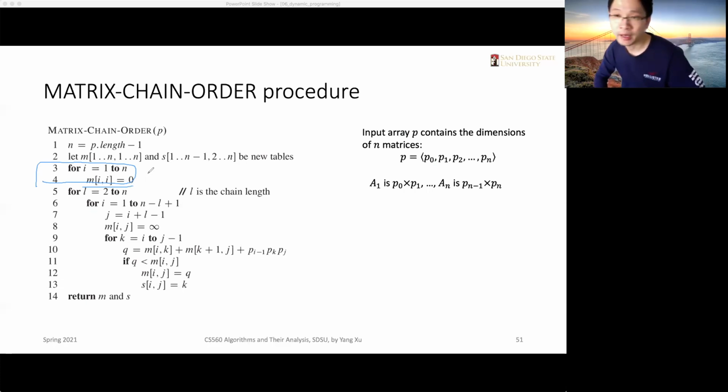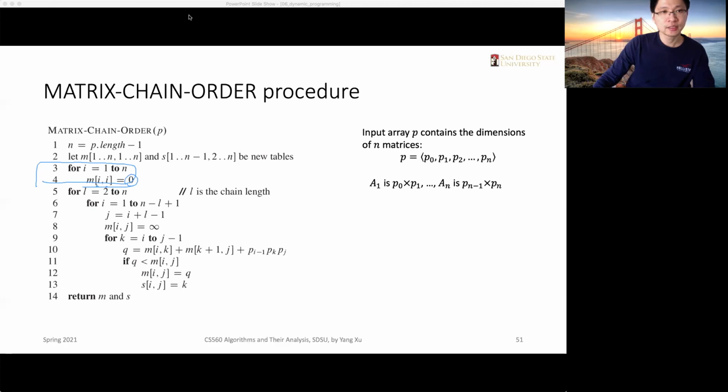What does M[i][i] mean? It's the smallest case, when the two indices have equal values, which means there's only one matrix. So it's the subproblem for one matrix, and of course, there's zero multiplication needed. So it's an initialization.